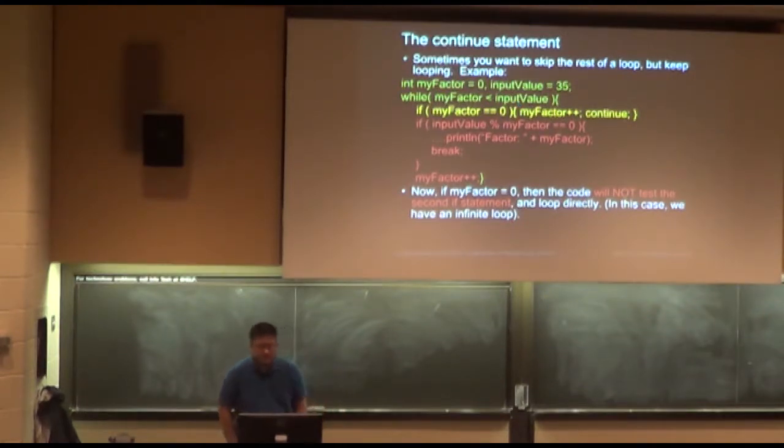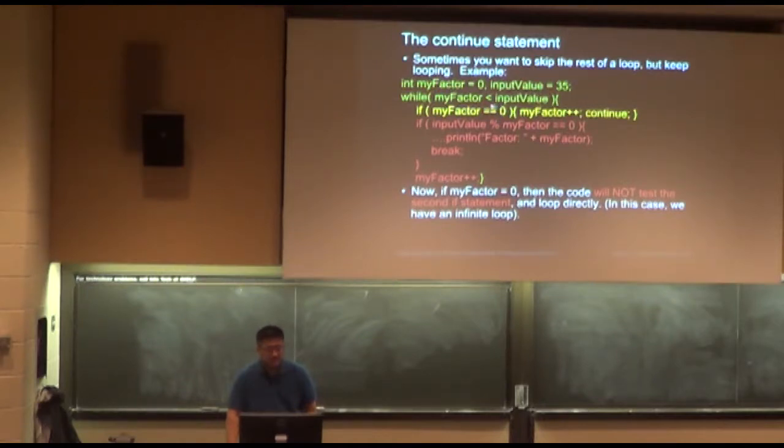So in this case, by having this continue here, you never run this second if statement, which requires you to perform this modulo operation. So there's less calculation being done because of this continue statement, which skips the case where a factor is equal to 0.